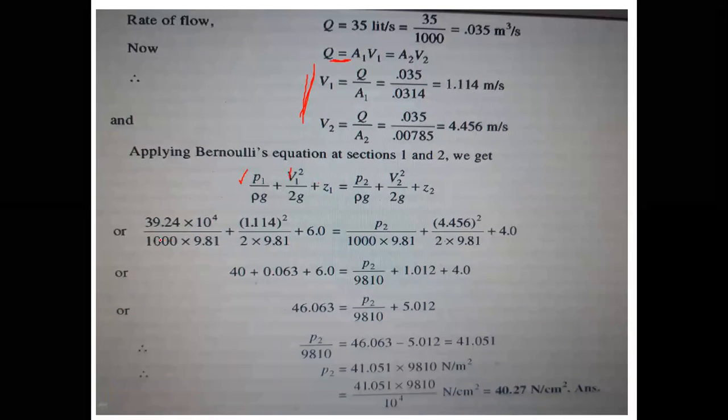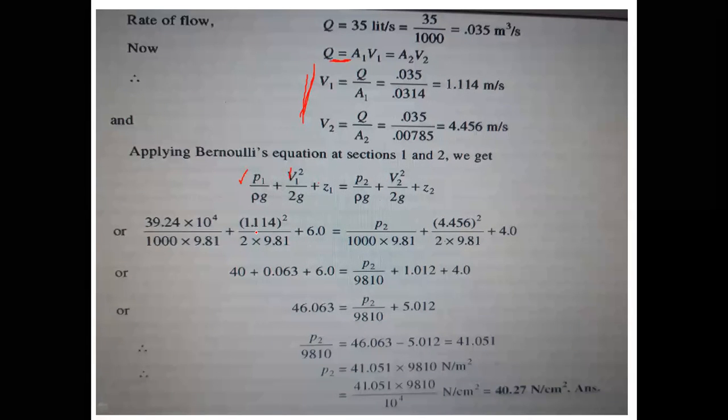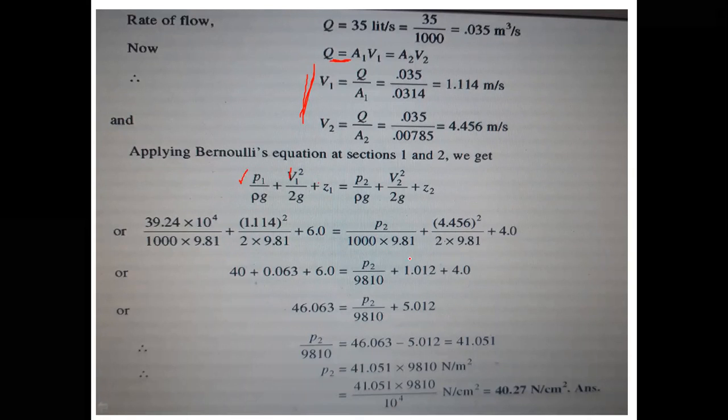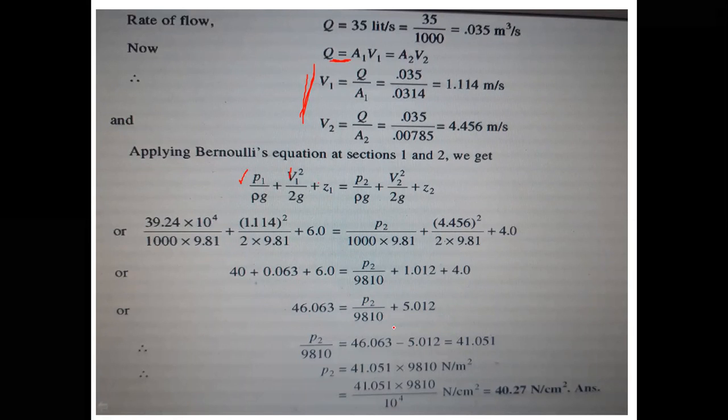Now applying here V1 square, V2 square, apply as it is. 39.24 into 10 to the power of 4 by 1000 into 9.81 plus V1 square, V1 is equal to 1.114 square by 2 into 9.81 plus the datum line 6. Apply P2 by 1000 into 9.81 plus V2 square by 2g plus 4. So after simplification, finally substituting, P2 is equals to this one minus this one.